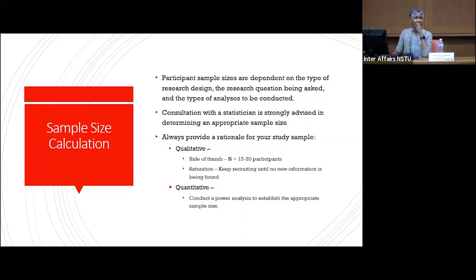Professor Matthew, I wonder about the rule of thumb for 15 to 20 participants in the qualitative. Which reference does this number come from? Because we need a reference to back it up. Yeah, so there are many citations in qualitative manuscripts and textbooks that suggest that on average saturation will take place at about this number.